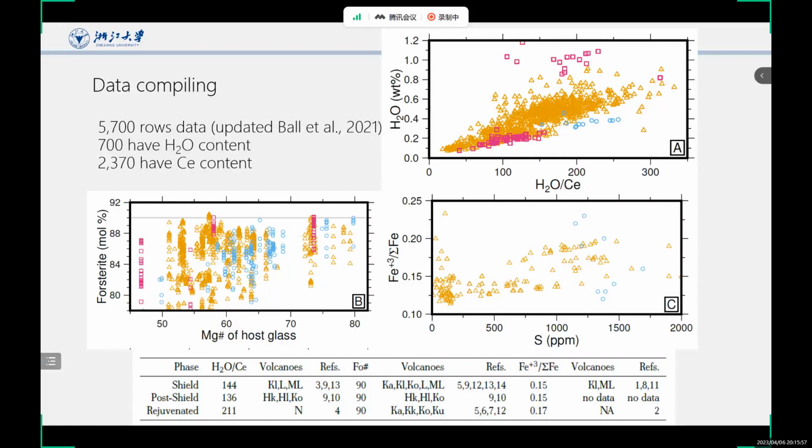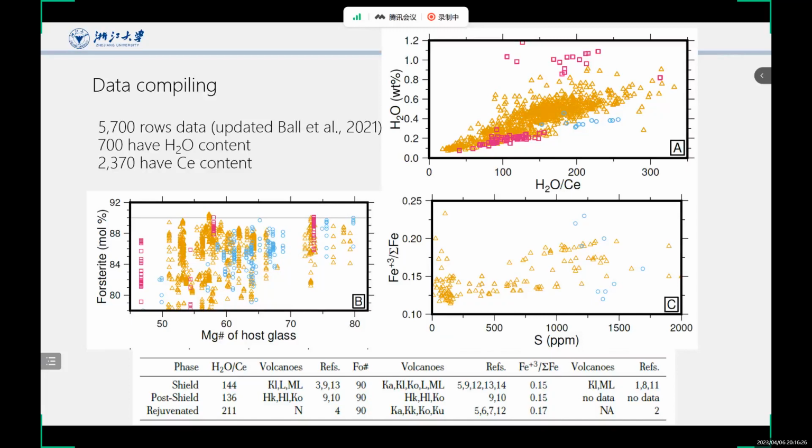So they use the Ce contents and the H2O/Ce ratio to calculate the H2O of the primary melt. So, like I said before, they have to calculate the primary melt composition to calculate the melt equilibration pressure and temperature.